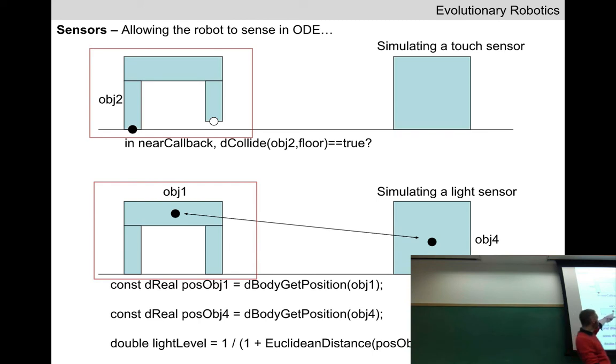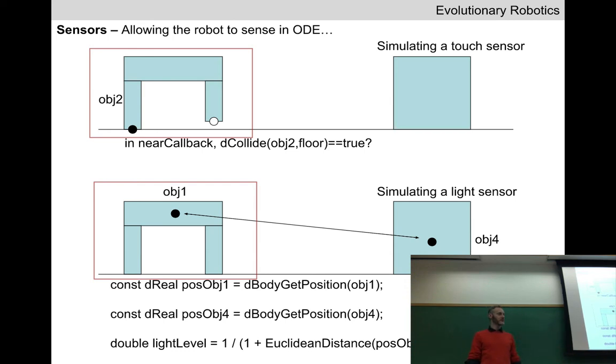Then if you place a light sensor inside one of the body parts of your robot, when the simulation starts up, at every time step we can query the physics engine, get the position of object 1, get the position of object 4, and take the Euclidean distance between the centers of those two objects, and approximate the amount of light that's falling on the light sensor. So the greater the Euclidean distance, the lower the light level.